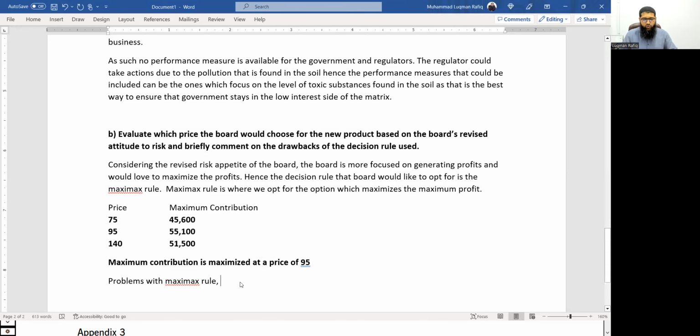The problem with the maximax rule is that this is an excessively or overly optimistic approach and may not always materialize.